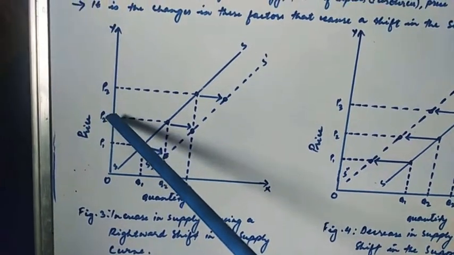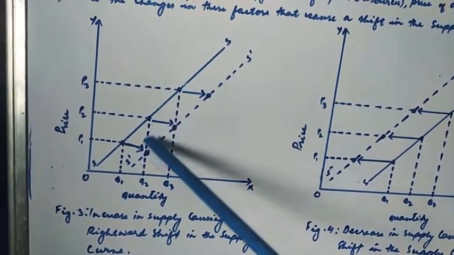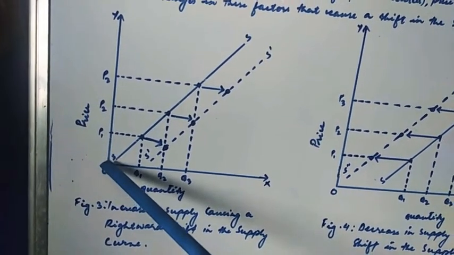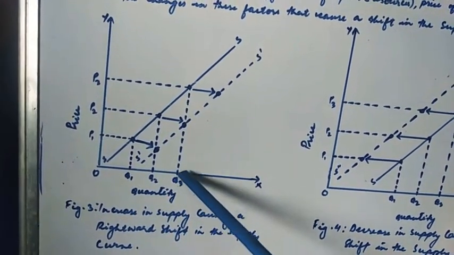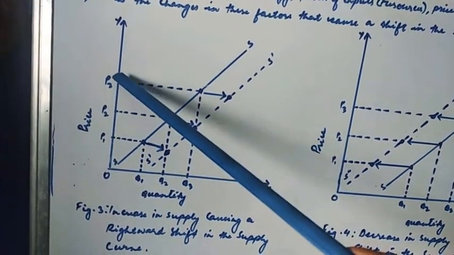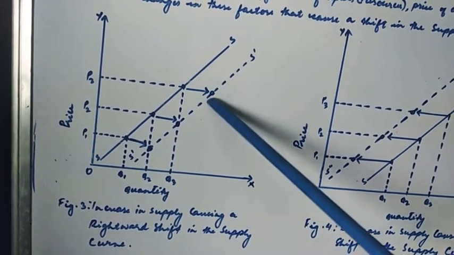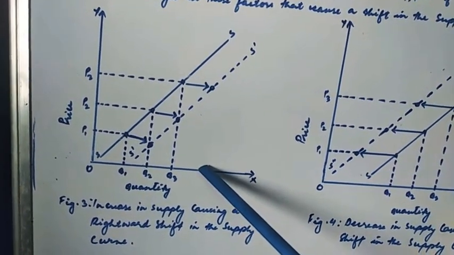Even at price 2, earlier it was supplying only OQ2, but now it is able to supply OQ3 at the same price level. And even at price 3, earlier it was supplying only OQ3, now it has moved to a larger quantity.